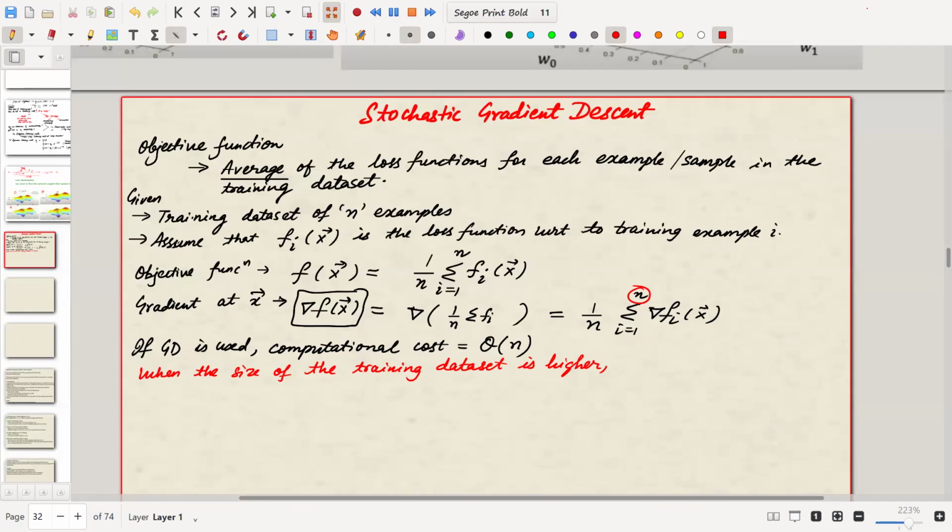Yes, because the computational cost is growing order of n. So if you take a million data sets, it will take a million operations, and gradient descent will be slower because it is moving order of n.